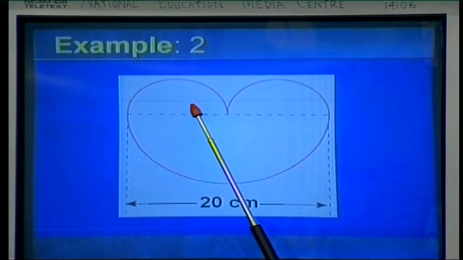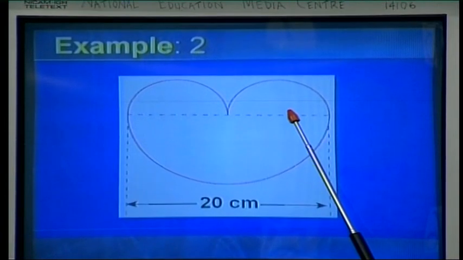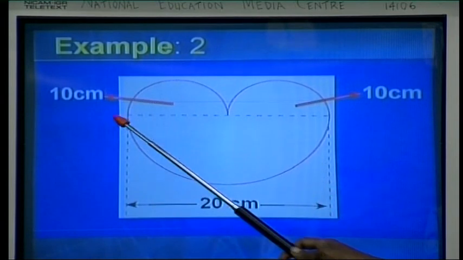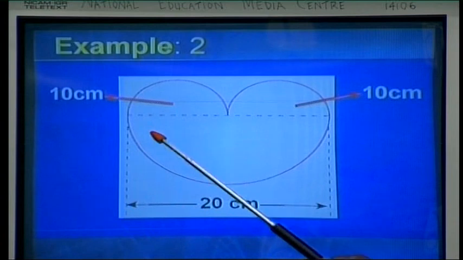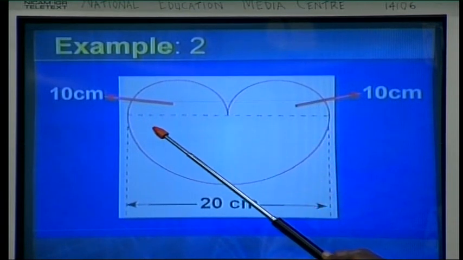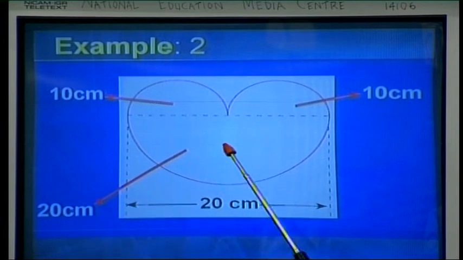This has a diameter of 10 centimeter and this has a diameter of 10 centimeters. So this is what our friend have just said. Shannon said the diameter of this would be 20. The third semicircle? 20. So that is the diameter of this semicircle.